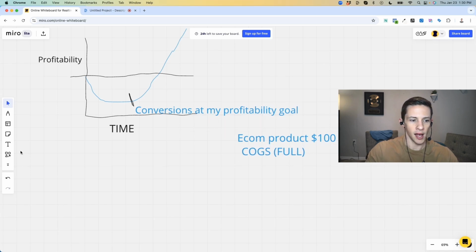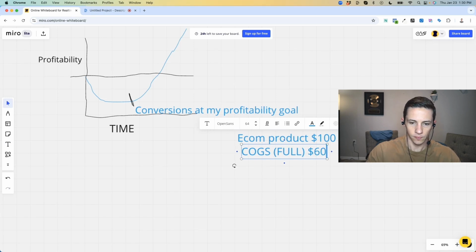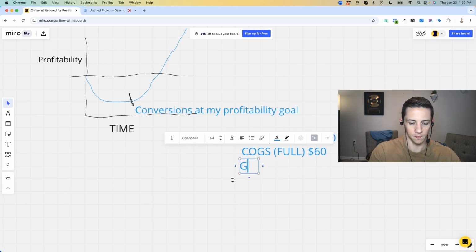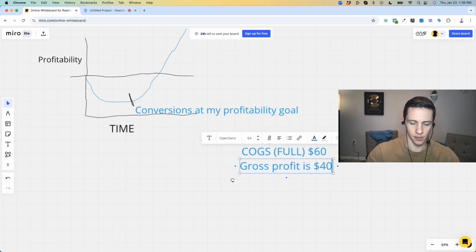Let's say that after I account for refunds, my full COGS is $60, right? And then my GP, gross profit, is $40.